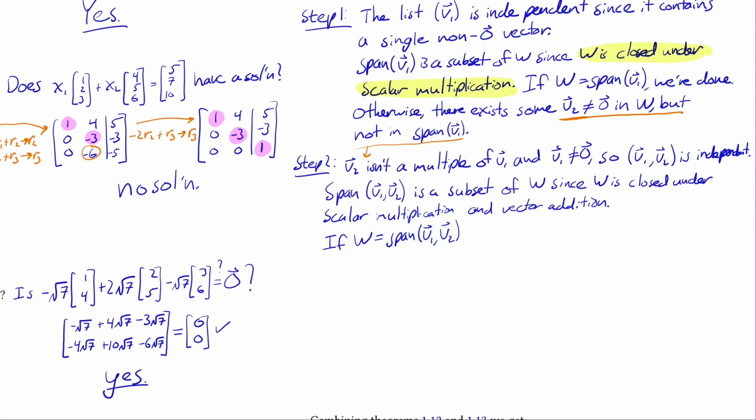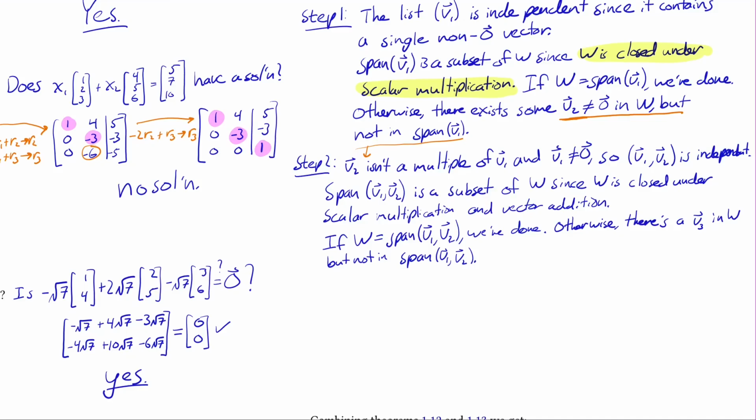Then we have a linearly independent list that spans W, and we're done. Otherwise, there's a V3 vector in W that's not in the span of V1 and V2. And at this point, the rest of the steps are going to be basically the same.